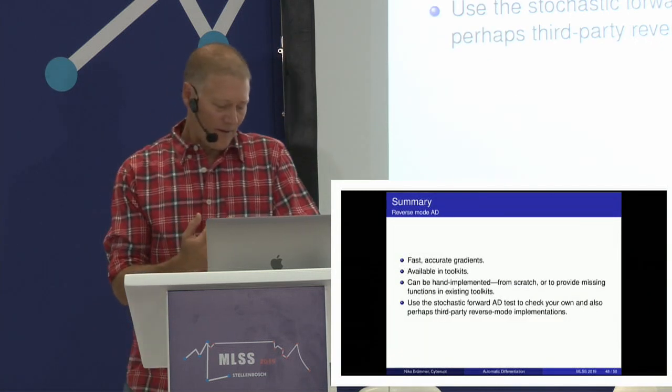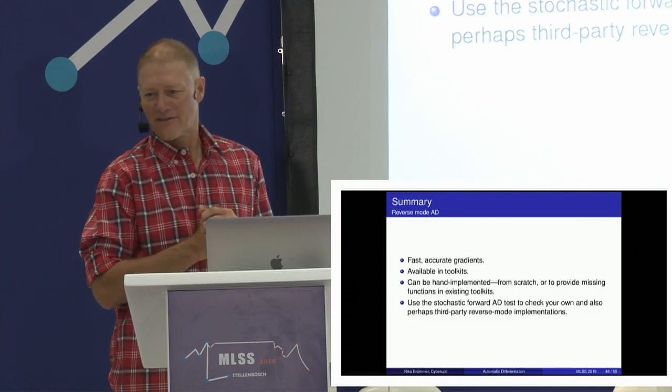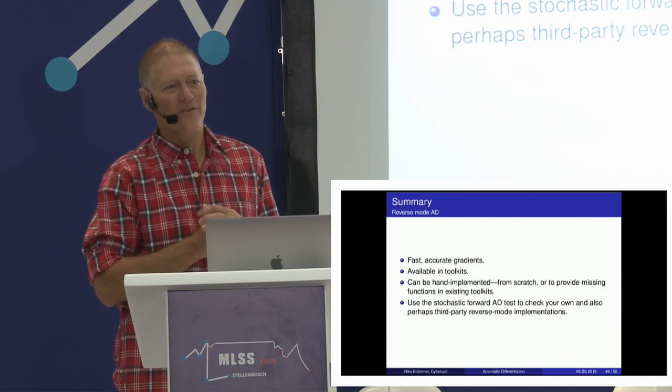So, in summary, about reverse mode, it gives you fast, accurate gradients. It's available in toolkits. It can be hand implemented if you like doing that kind of thing. Or maybe just provide a missing function in an existing toolkit. If I remember correctly, my ex-colleague Albert did that a few times, filled in stuff that wasn't available in, I think it was Theano then.